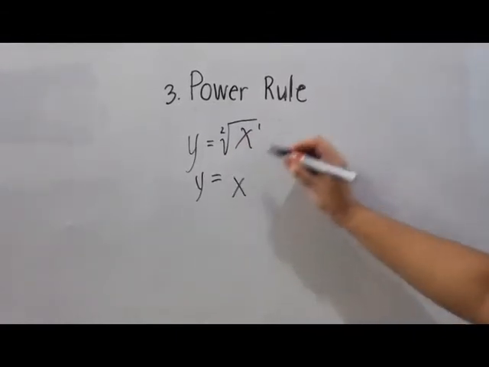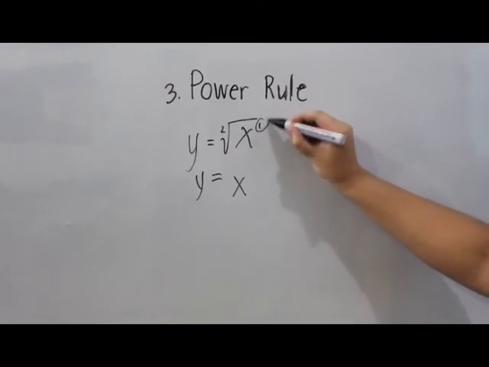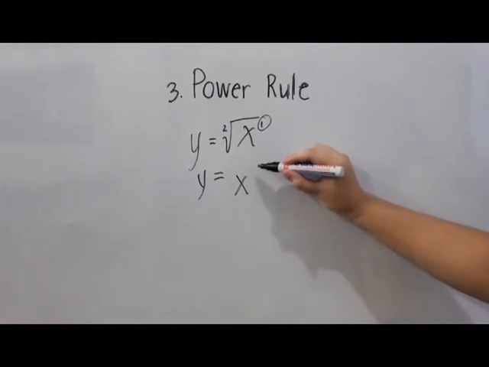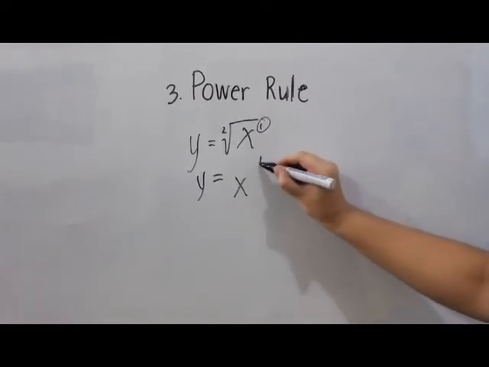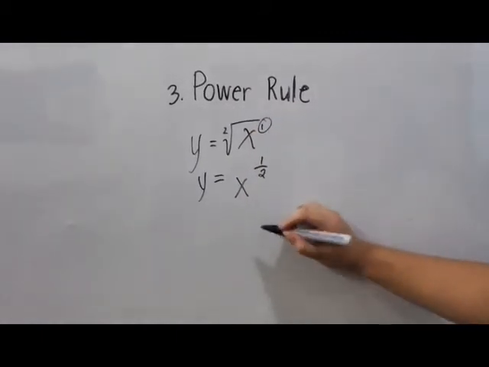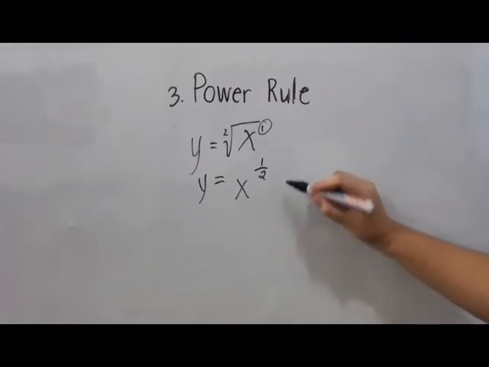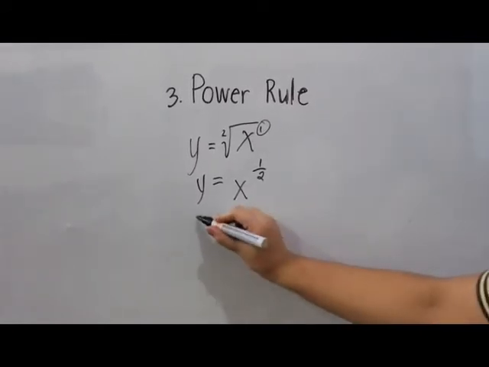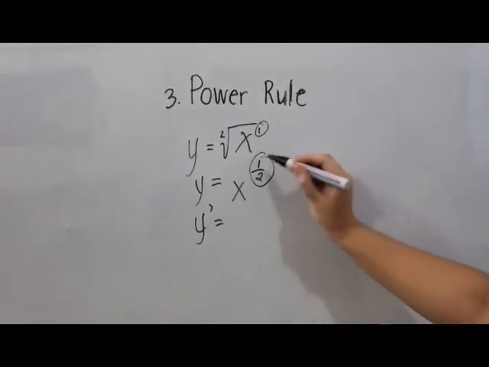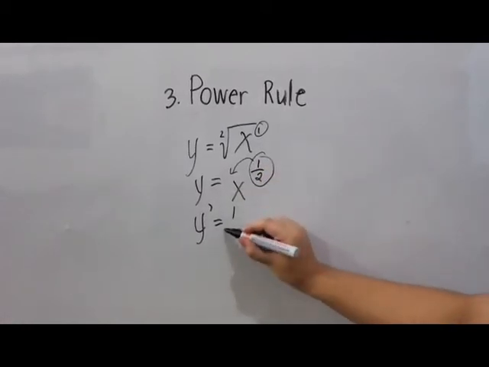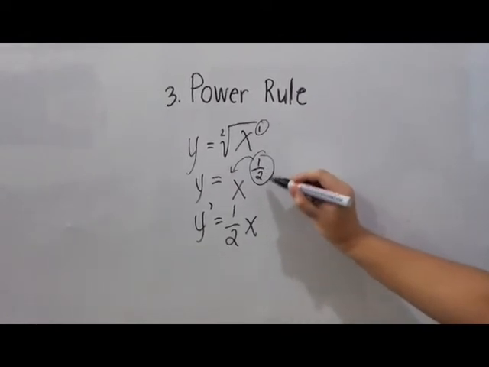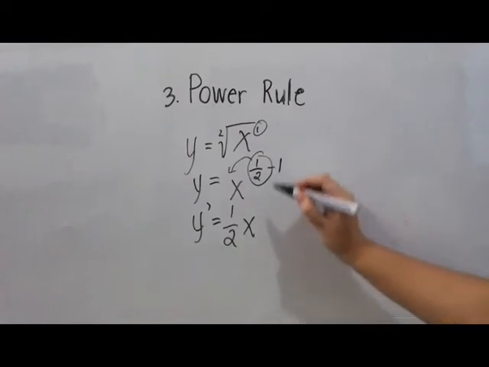So x here, 1 and 2 would be your exponent. 1 would be your numerator, and 2 would be your denominator. So we have x raised to 1/2. Then, we would proceed to the power rule. So, y prime is equal to 1/2 times 1 is equal to 1/2. Then, copy x. Then, 1/2 minus 1 is equal to negative 1/2.